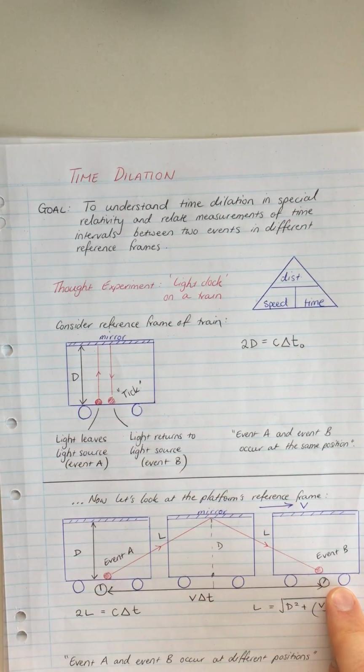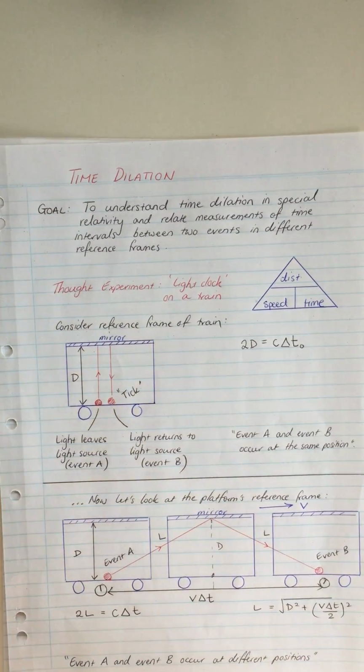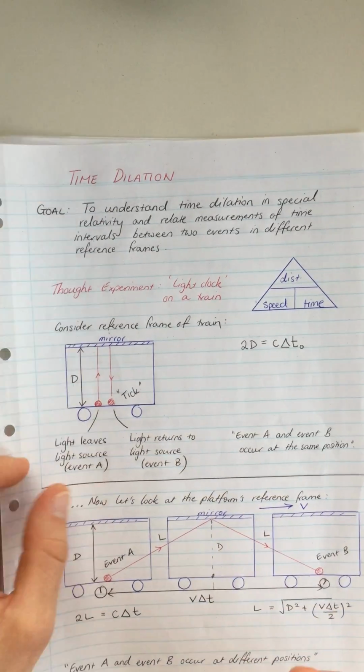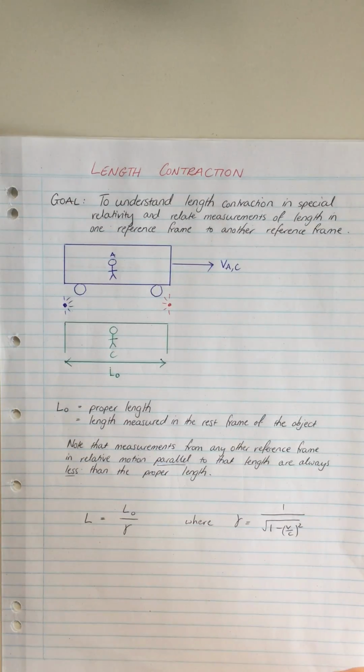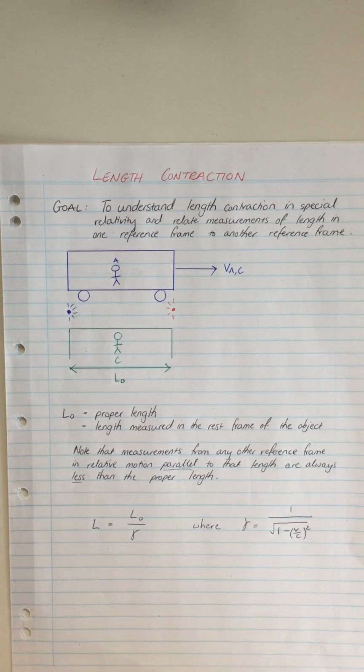They're not occurring simultaneously. So this idea of simultaneity being relative is at the heart of time dilation and length contraction, which is why I wanted to spend quite a lot of time on it, even though in the study design, you will not be tested on the relativity of simultaneity itself. But it's a really important idea to understand to be able to have any insight into how length contraction or time dilation actually occur.